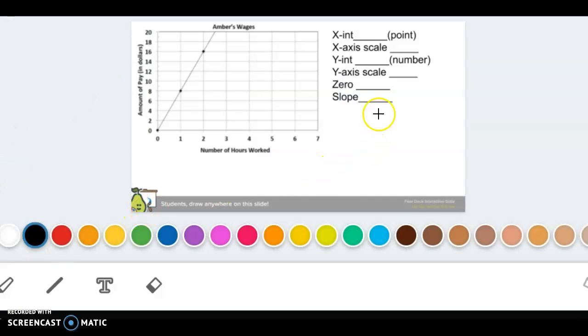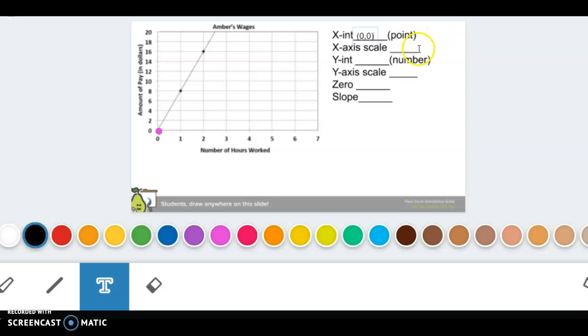So if we look here at our first example, x-intercept, remember, is where it touches your x-axis. If we go and see my x-axis, it is touching here at the 0. If I wrote that as a point, it would have to be 0, 0.